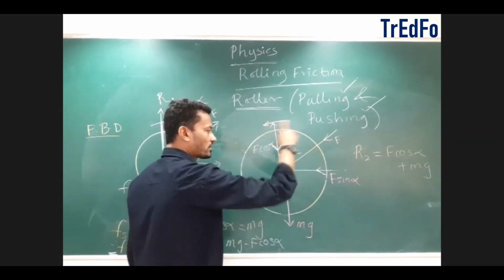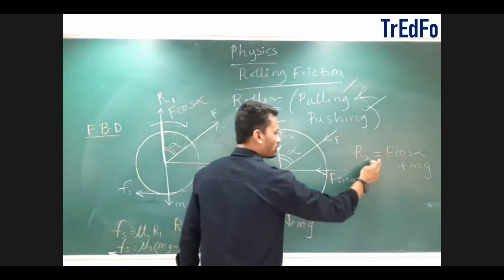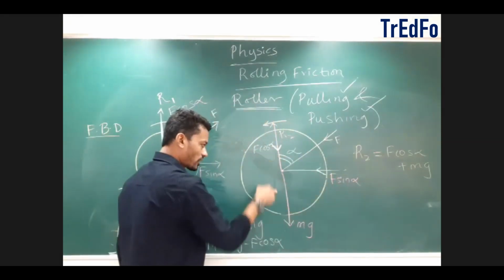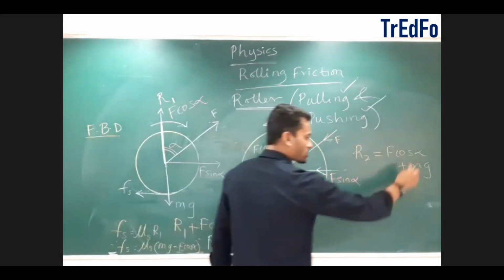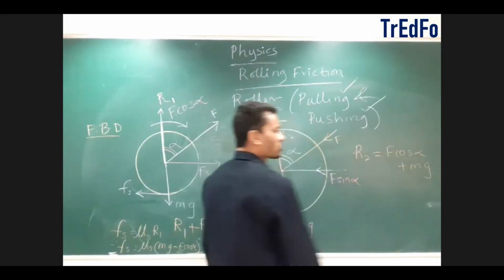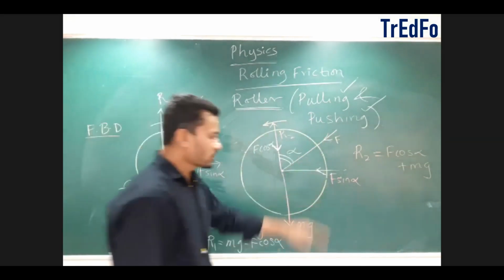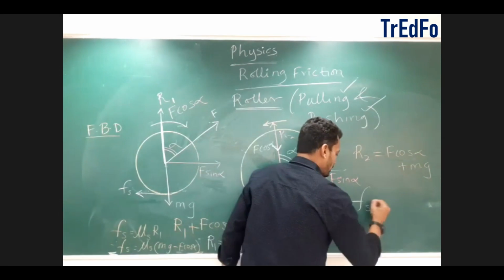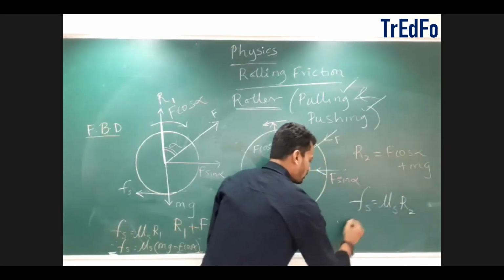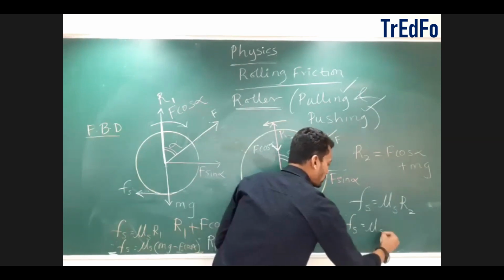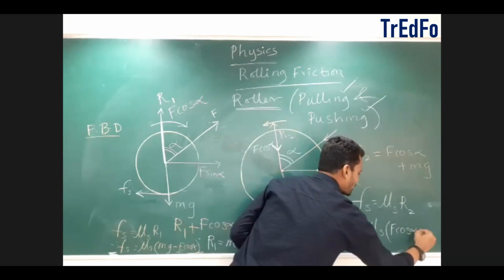So if I find the resultant forces over here, I get this R2 in the inward direction. R2 will be equal to F cos alpha in the downward direction, plus mg in the downward direction. So R2 equals F cos alpha plus mg. I apply the same, Fs equals mu s R2. So for Fs I get mu s times R2, whose value is F cos alpha plus mg.